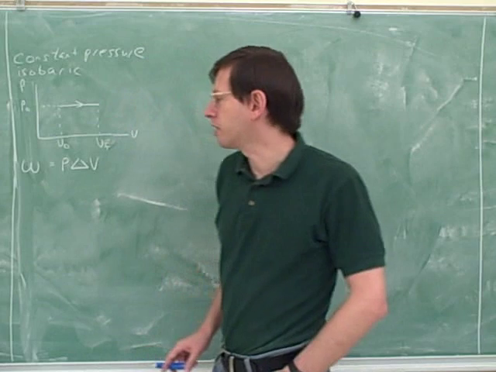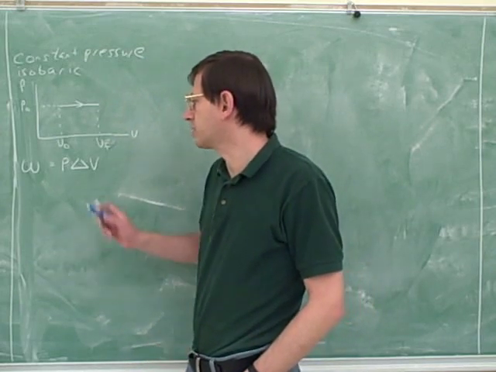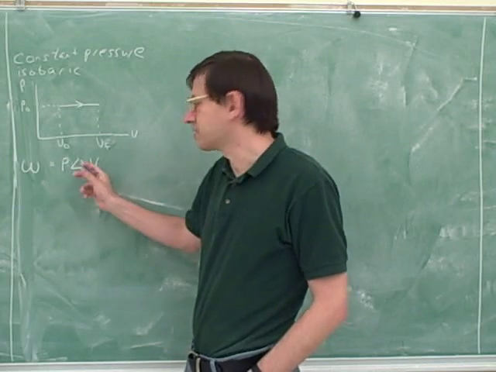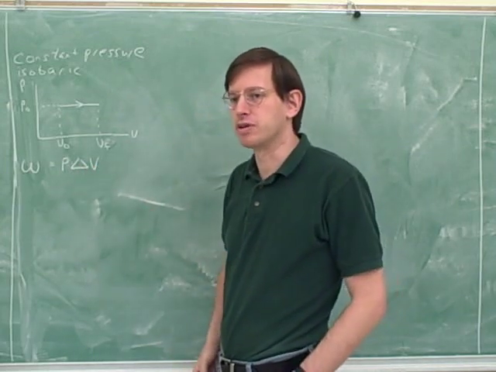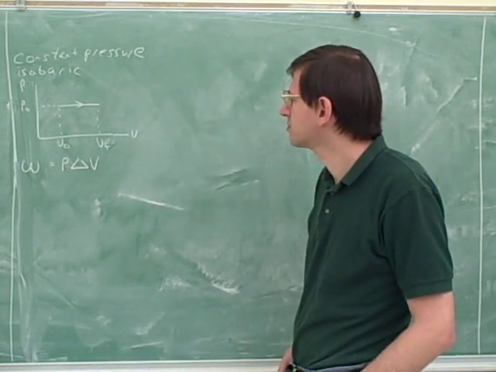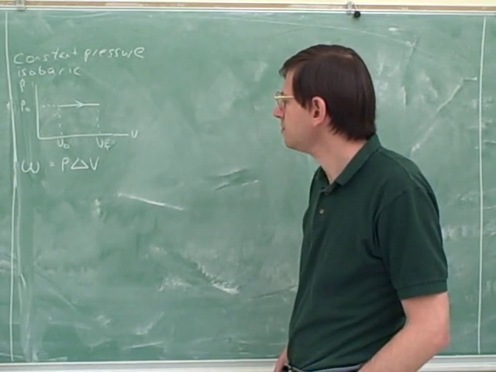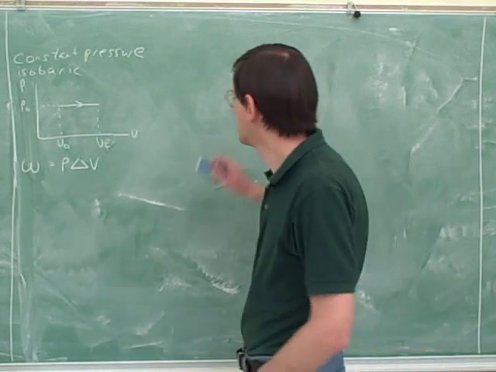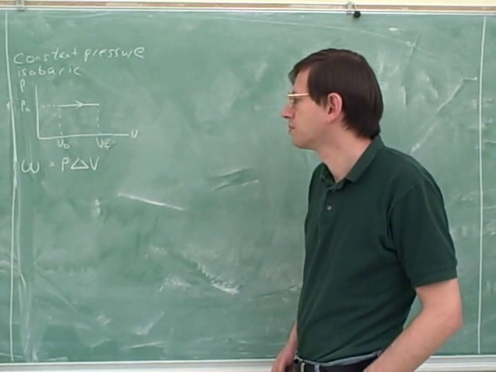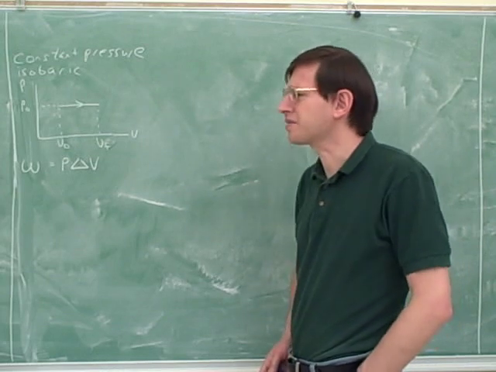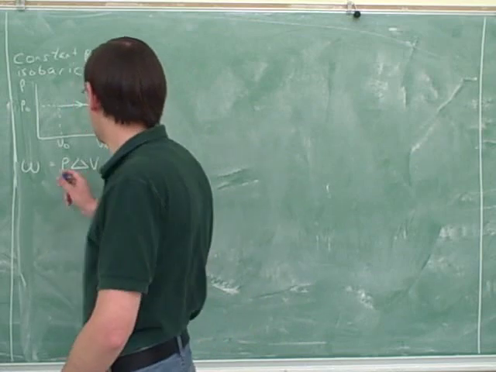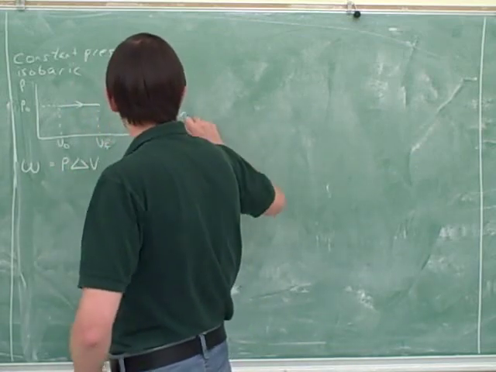Now, one thing that you always have to watch for is whether you're focusing on the work done by the gas or the work done on the gas. So would this give us the work done by the gas or the work done on the gas? If it's positive, it's the work done on the gas. If it's negative, it's the work done by the gas, I think. I think you're thinking of the right idea. However, let's say that the volume is increasing.